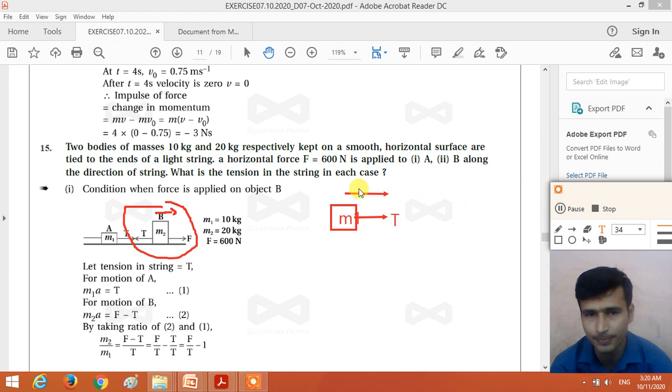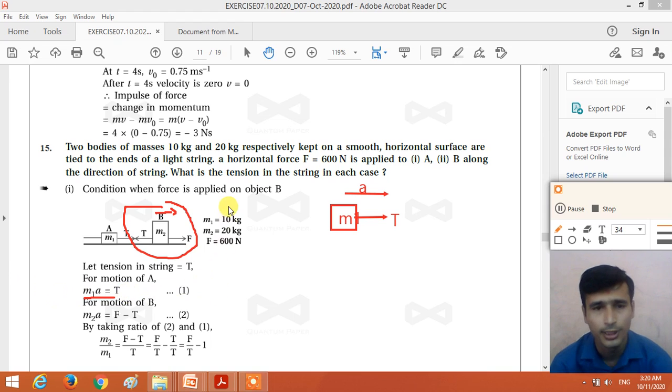So from this free body diagram of the block M1, you can write T is equal to M1 into A. Due to the tension force, the acceleration is produced in the block M1, so the tension force produced in the string is T equal to M1 into A. So this is the first equation, T is equal to M1 into A.